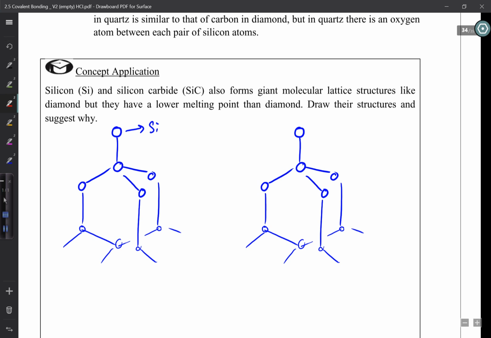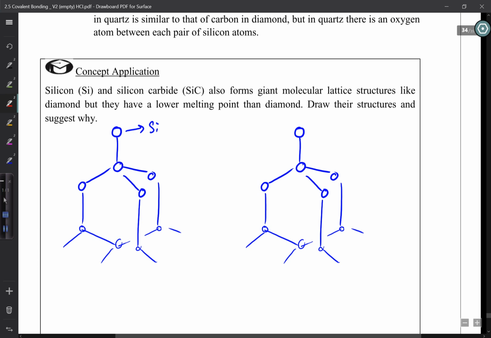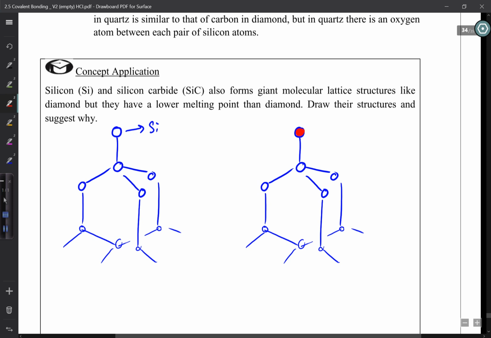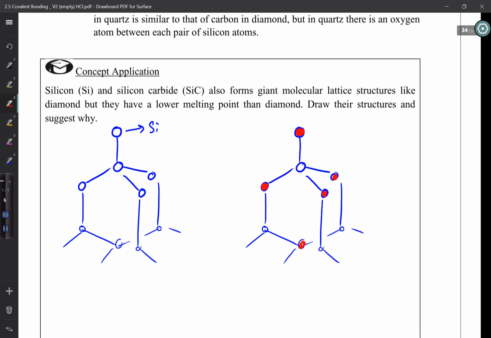Look at the structure of SiO2. For SiO2, you adopt this kind of structure, alright, whereby you have 2 oxygen, that's why you insert it in between your bonds. But here you only have 1 carbon. So what do you think you should do? Extend it out. You just have to replace, for every 2, you just have to replace 1 with carbon, right? Correct, right? In other words, it adopts the same structure, just that 50% of the atoms are carbon, 50% of the atoms are silicon.